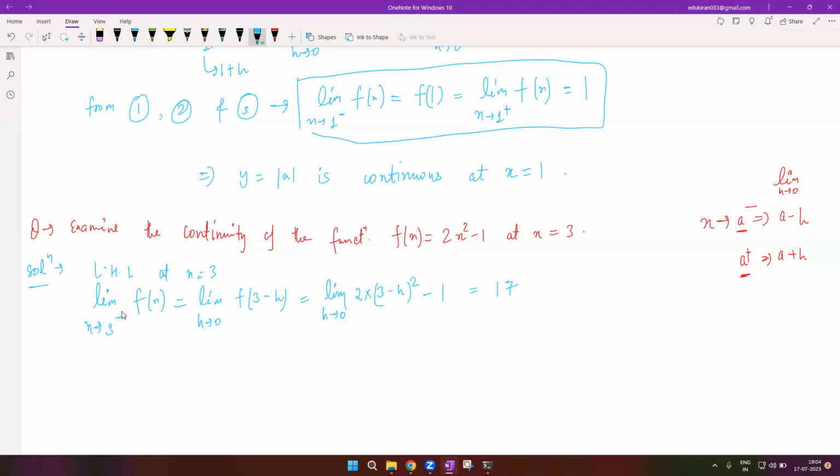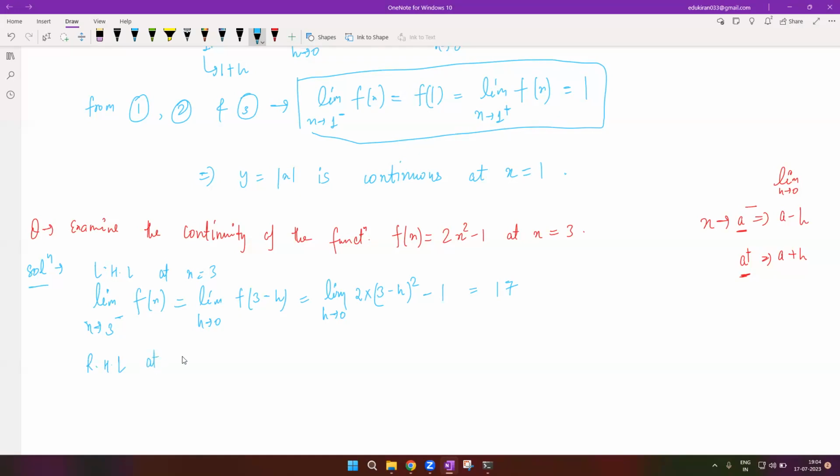So you put that value directly and see if you are getting a finite answer or not. So if I put 3 directly here, I get a finite answer, right? As soon as I get a finite answer, मेरे को पता है यार, now I know that this LHL is 17. RHL will also be 17. You can check this.